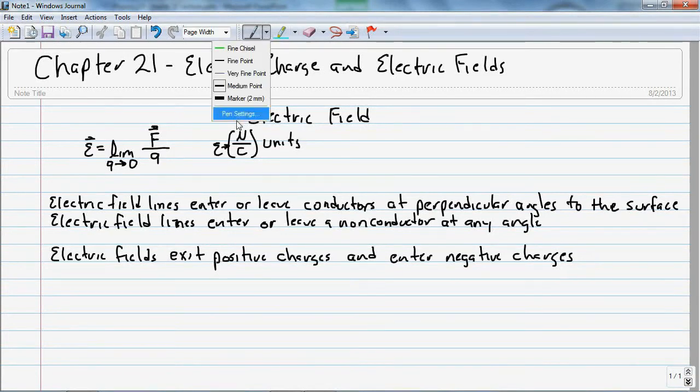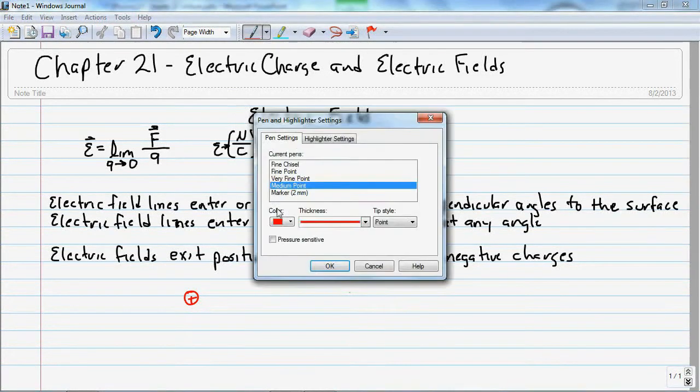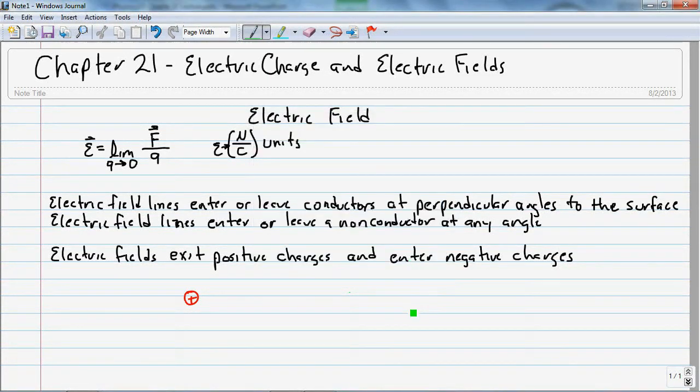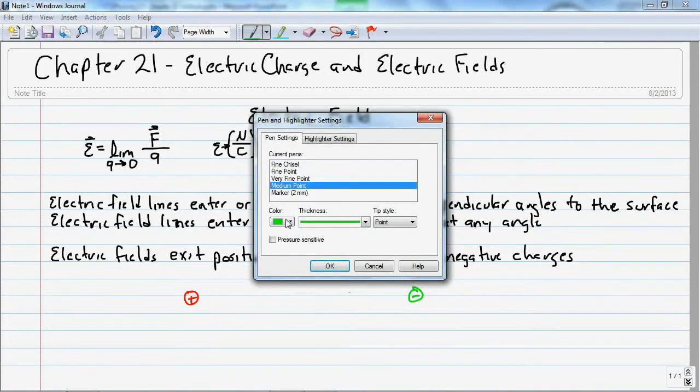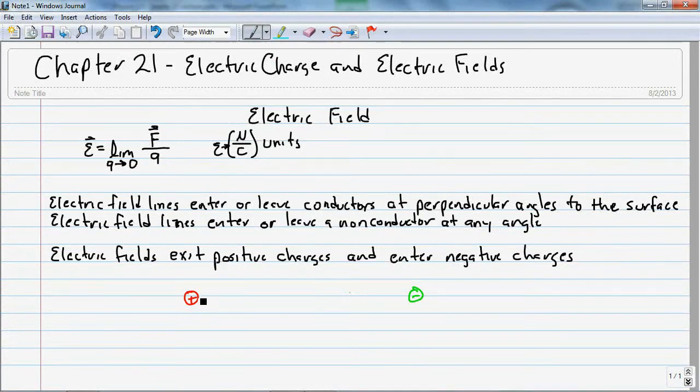So if I have a positive charge and I have a negative charge, then the field lines are going to exit the positive, and remember it's going to be at perpendicular angles to the surface.